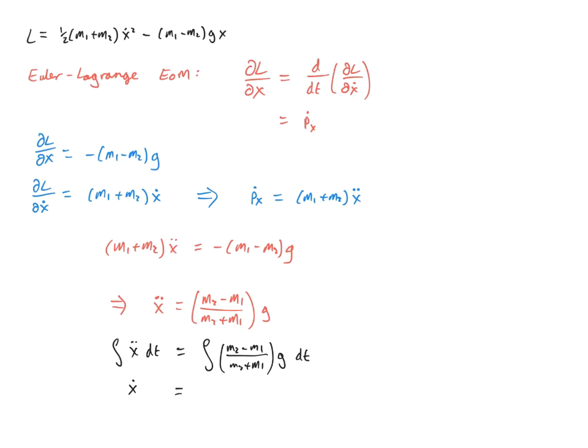On the right-hand side, we're going to get the constant times t plus a constant of integration, which I'll call c. But we're not done yet because we want to find the trajectory. We want to find x of t, and therefore we have to do yet another integration. So we just do exactly the same thing again.